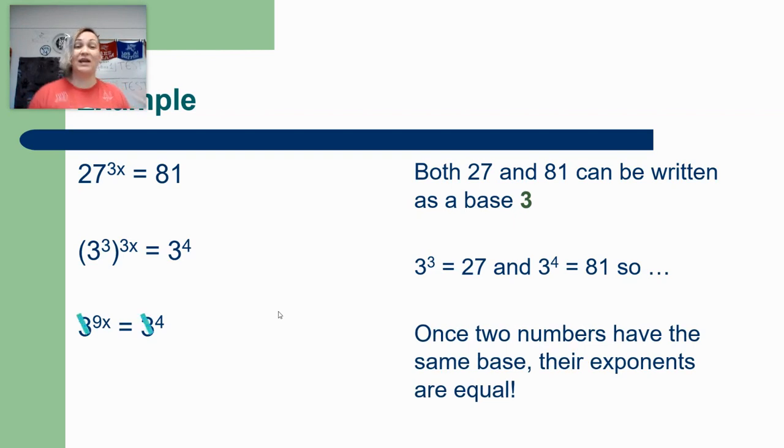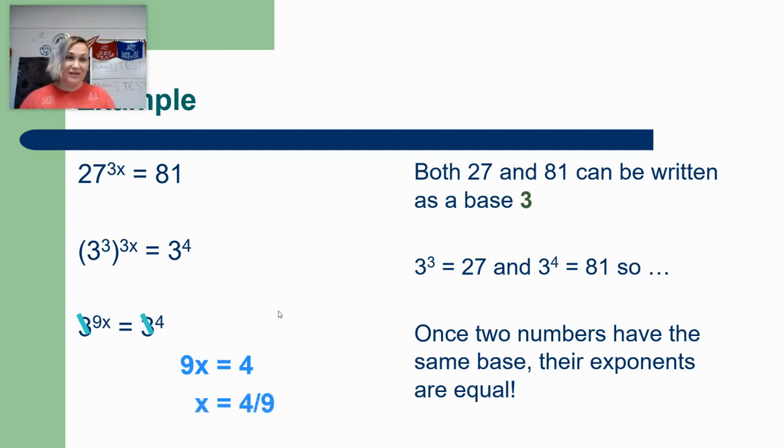And then you can create a new equation using just the exponents. So completely separately, I'm going to take just the exponents, the 9x and the 4, set those equal to each other. Look, I even wrote it in a different color, right? So now we're dealing with just the exponents. And I've discovered that my answer is 4 over 9.